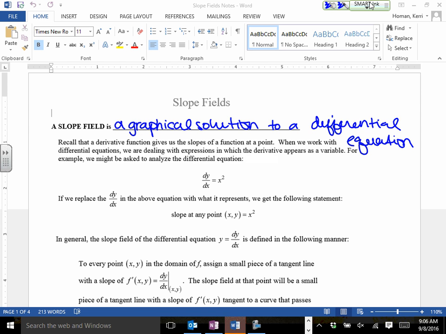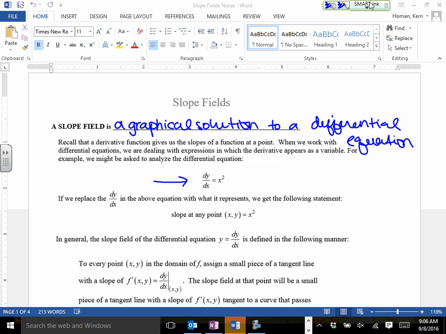A function defined by the derivative, okay? This is a differential equation, dy dx equals something. So you all remembered how to do it. It's to put the slopes at each point, but it's representing a lot of graphical solutions to the differential equation.